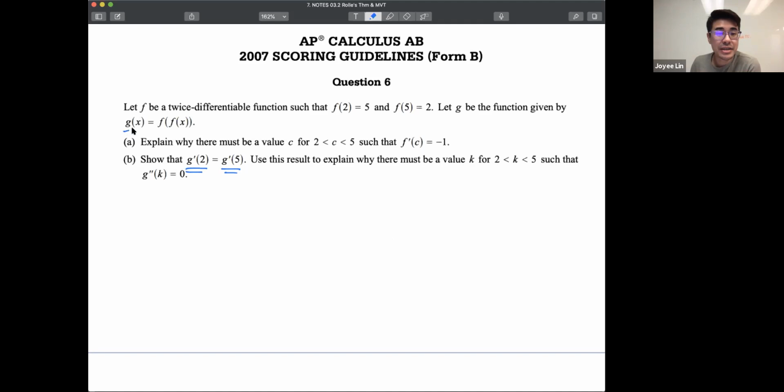Let's take the derivative of both sides. So g of x is equal to f of f of x. Let's take the derivative of both sides. g prime of x is equal to, chain rule, right? Derivative of the outside, don't touch the inside, times the derivative of the inside.